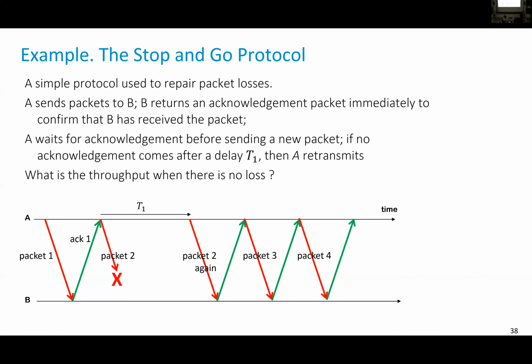So you wait for some time, which is at most T1 here, which should be larger than the time it takes to send the packet and get the acknowledgement in the normal case. If T1 is large enough, then we're pretty sure the packet or the acknowledgement has been lost. In fact, there's no way to differentiate between the two. And then we retransmit, we send it again. This is the simplest of all protocols.